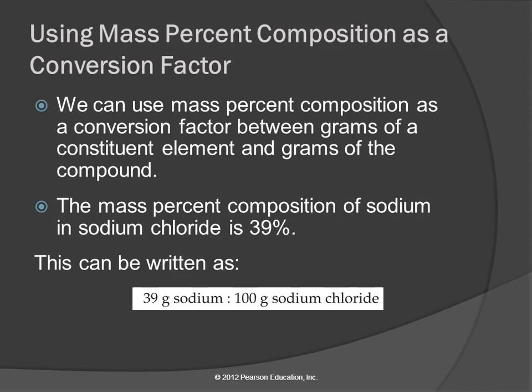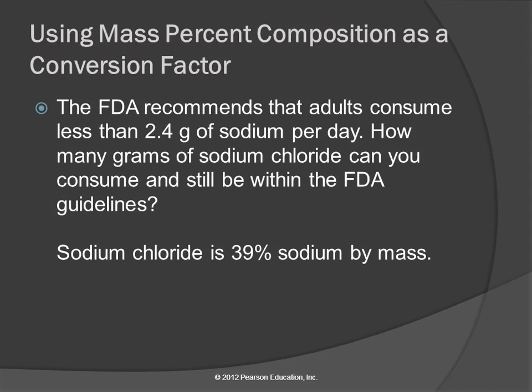Per 100, parts per 100, 39 grams of sodium per 100 grams of sodium chloride. When they give you a percentage in a problem, always write it down that way, and it makes a great conversion factor. So this relates grams of sodium to 100 grams of sodium chloride.